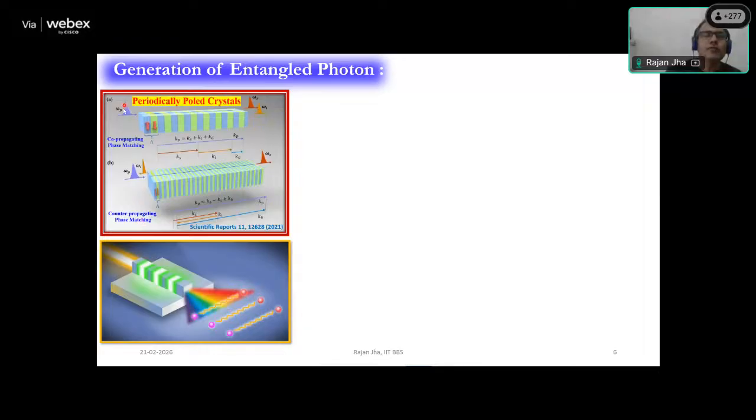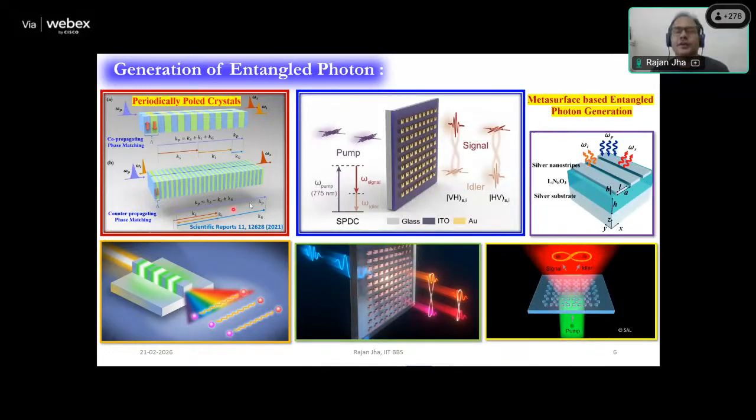With omega pump, in the same direction you get omega s and omega i. But here you see omega p and omega i are in this direction and omega s is in the other direction. Therefore, these are counter propagating phase matching conditions, and this is one of the very standard techniques for the generation of entangled photons.